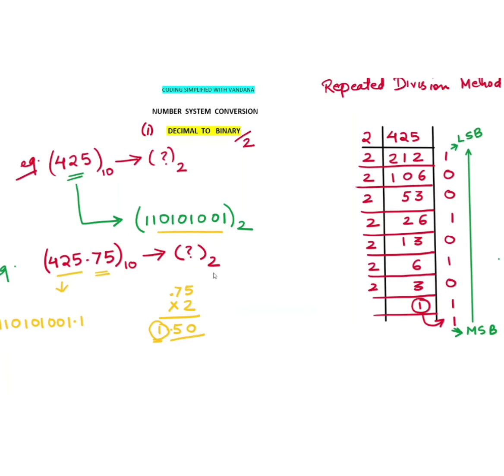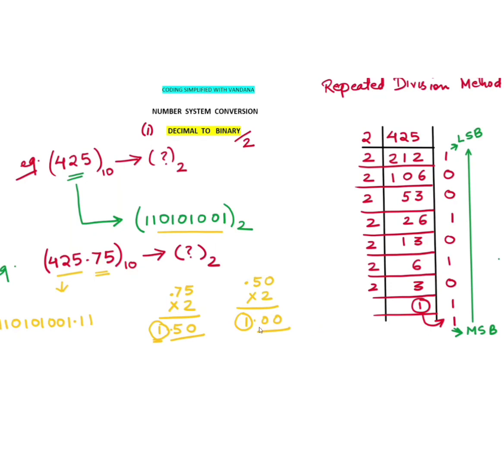Now we'll consider the leftover fractional part 0.50, and again we will multiply it by 2. Now in this case, we'll get the value as 1.00. Again, we will just consider this integer part, that is 1, and copy it as a part of the answer.